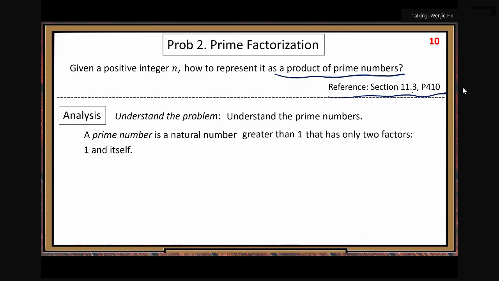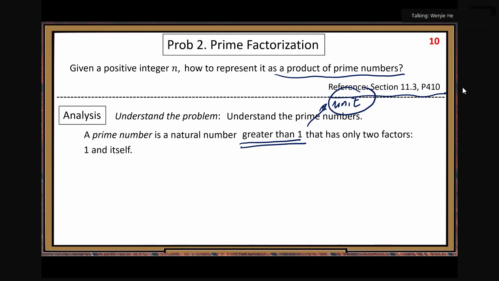That's the formal definition. First, it must be greater than 1. We do not treat 1 as a prime number, because 1 is a unit, a special number, so we take it out.